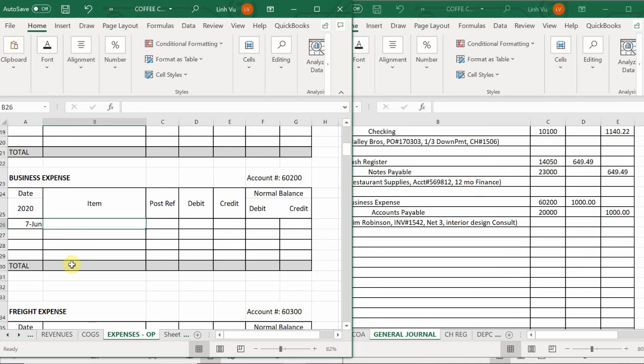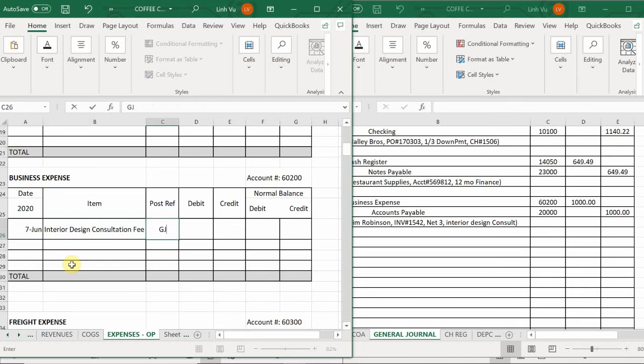Here you can write whatever note that you want. So in this case, as this is business expenses, I'm going to say interior design consultation fee. General journal number 2.